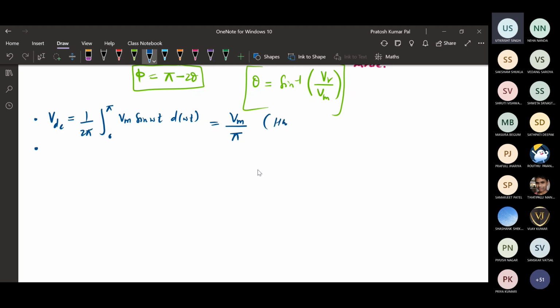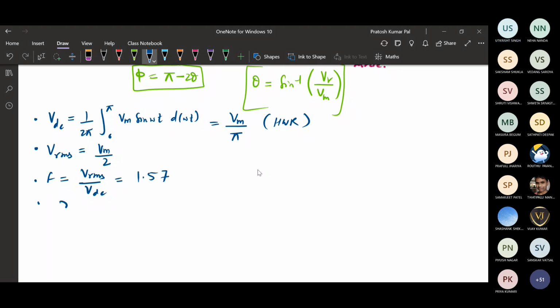This is the half wave rectifier case. Similarly, we can find out the Vrms. Once we find the Vrms, we get Vrms equals Vm divided by 2. The form factor is equal to Vrms divided by VDC. Once we put in the values, we get 1.57.